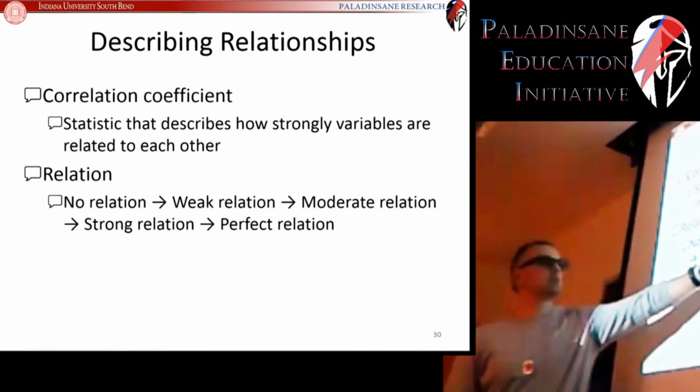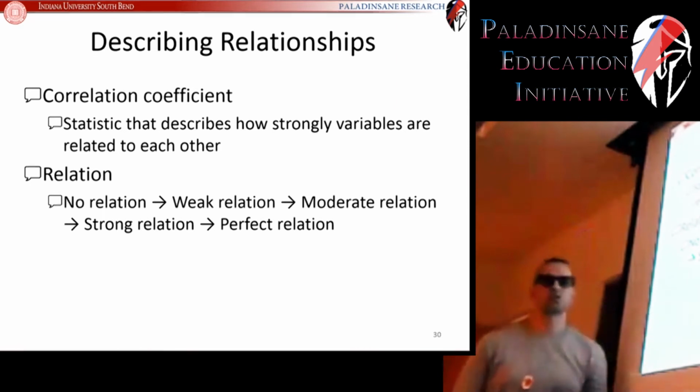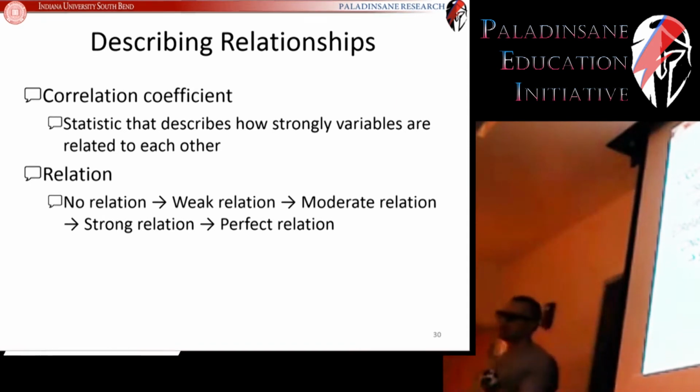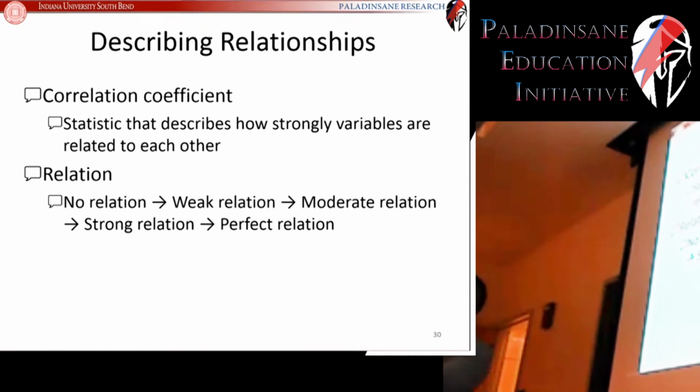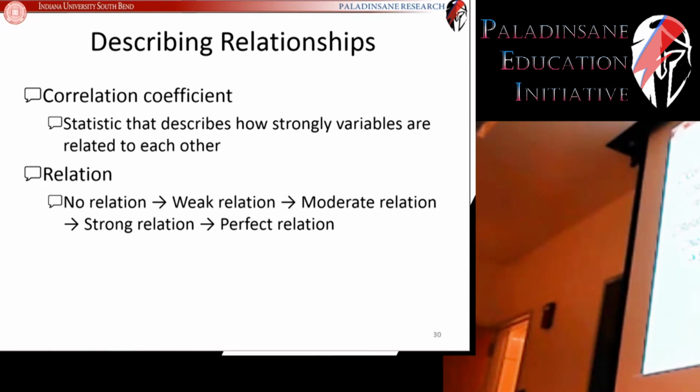Chances are, though, it's going to be somewhere on this continuum, right? Weak relation, moderate relation, strong relation. And these describe how tightly the two variables vary together.